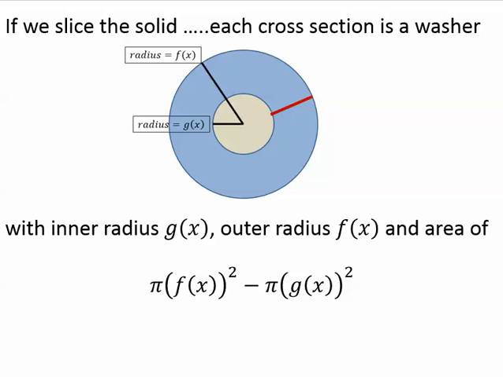The area of the washer is pi times the square of the outer radius minus pi times the square of the inner radius. So what you're doing is you're just going area of the large circle minus area of the smaller circle. And that gives you the area of the washer.